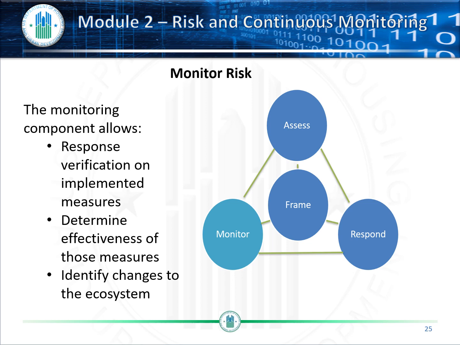To support the risk monitoring component, organizations describe how compliance is verified and how the ongoing effectiveness of risk responses is determined. In addition, organizations describe how changes that may impact the ongoing effectiveness of risk responses are monitored.